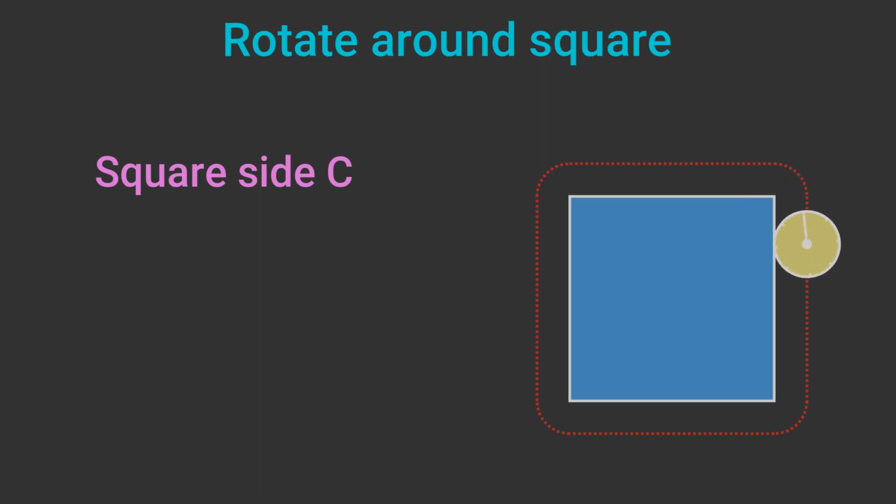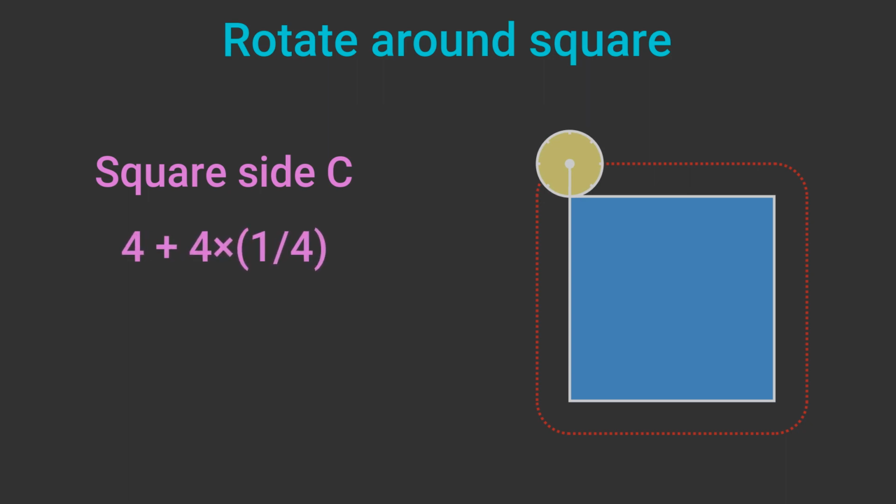Then it rolls along the second side and over the second corner. This adds another full rotation plus a quarter rotation. It then rolls along the third side and corner, which adds another 1 1/4 rotations, and the fourth side and corner to return to its original position. That is a total of 4 full rotations plus 4 quarter rotations, which is 5 in total.